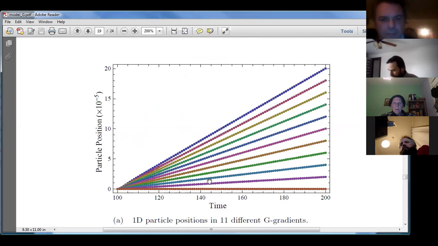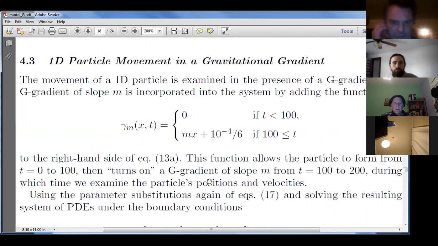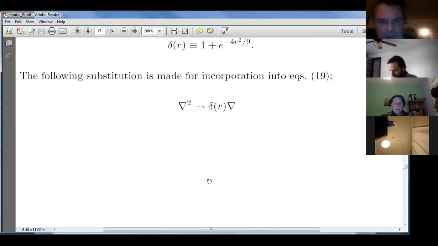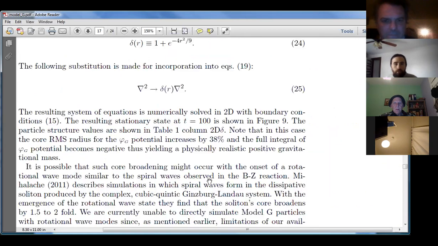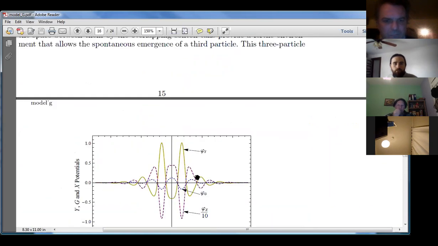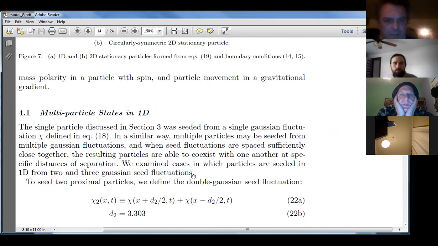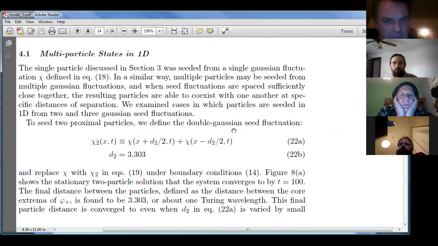And then another part in the paper, talking about seeding 2 different particles, was discussed here a little bit, in this section here. Multi-particle states in 1D, and here's the double Gaussian seed fluctuation that was used to achieve that.